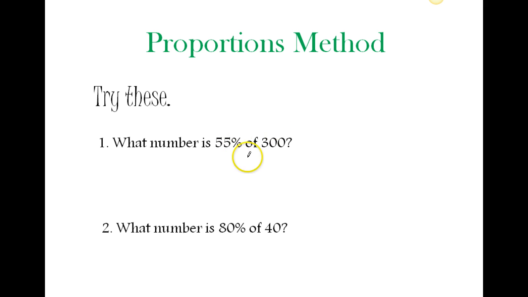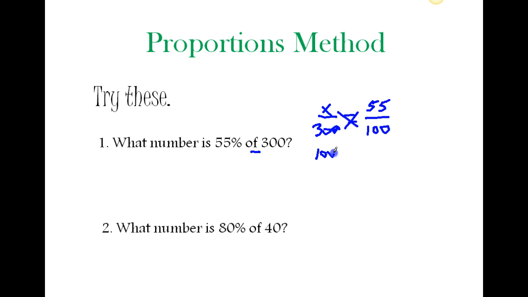All right, so for number one, my proportion. What number is 55% of 300? So 55% I know is going to be 55 over 100. Of 300, so 300 goes in the denominator. And then x will go in the numerator. I'll do cross products.